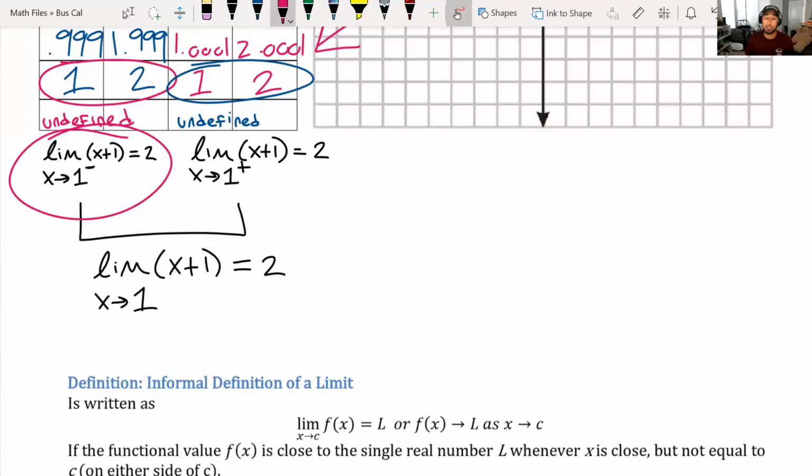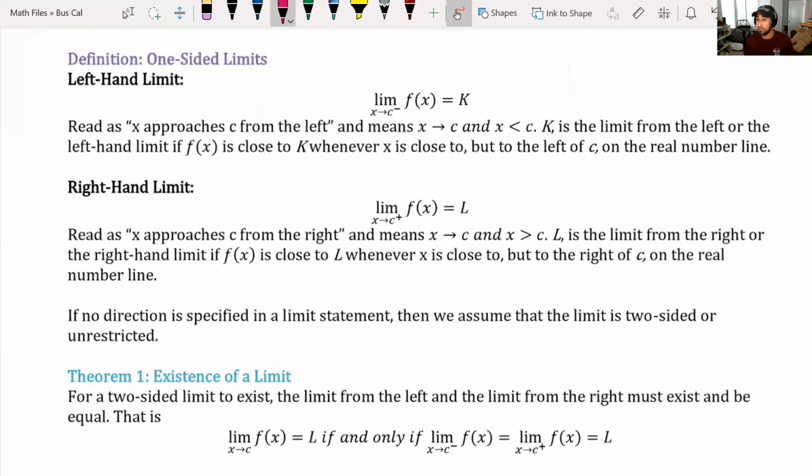We said, as x approaches 1 from the left side, the limit of x plus 1 is 2. And that is the left-hand limit. It means that you approach a number from the left. It means that all the values of x are less than that number you're approaching, right? We were approaching 1 from the left. This means that all the x values were less than 1 because they were on the left side of the graph. Okay.